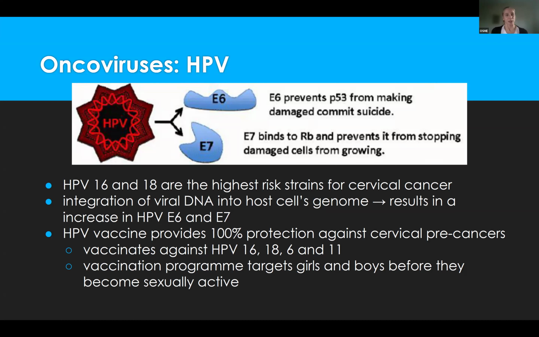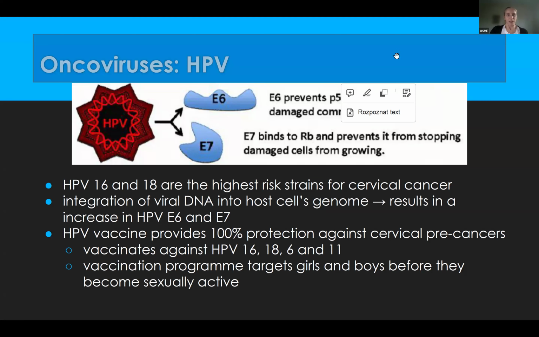So this leads to uncontrolled growth of the cells in the transformation zone of the cervix, and leads to development of the carcinoma. But obviously if you are vaccinated and you are not infected with the virus in the first place, this is very unlikely to happen on its own in the cervix.